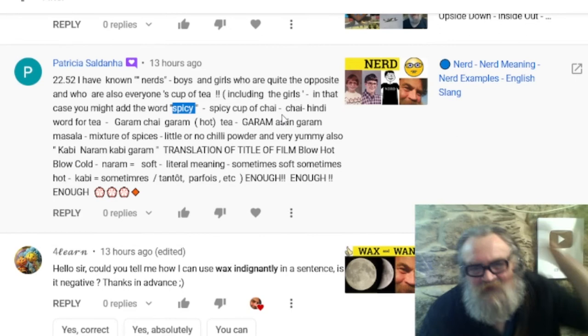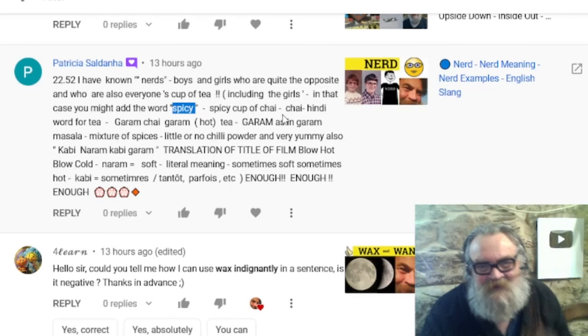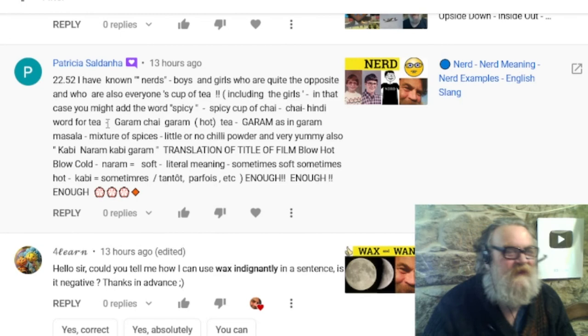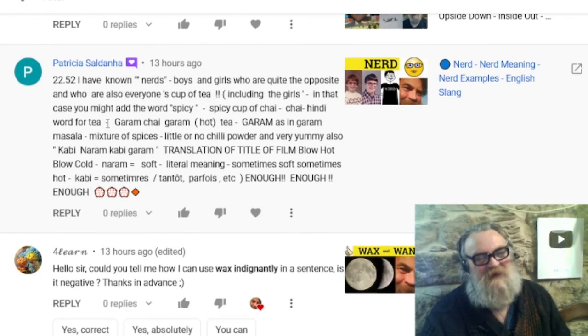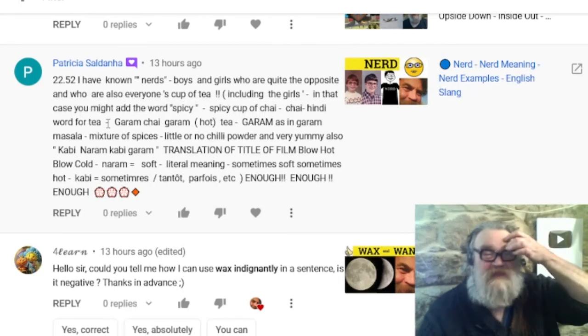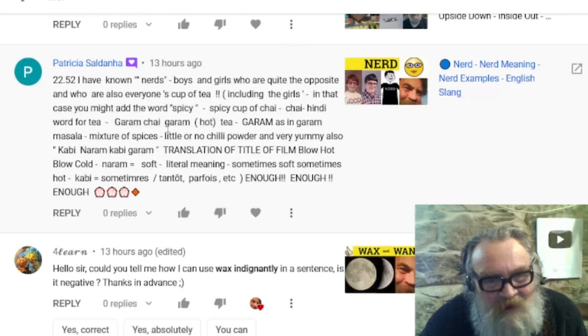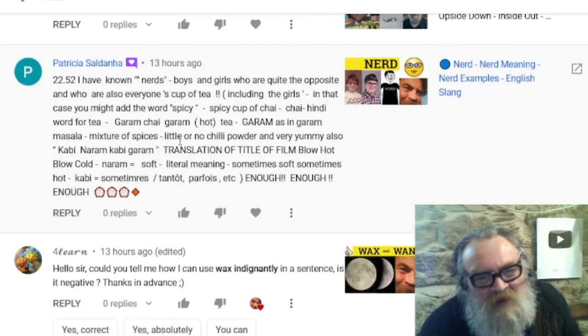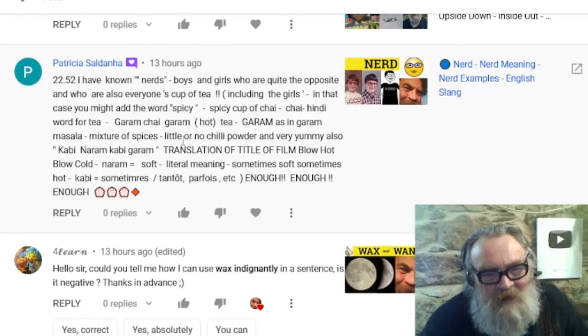Spicy cup of chai. Chai, very tasty. Chai, Hindi word for tea. Well, chai's a lot more than tea. Yeah, the British just drink tea, but chai, it's got all sorts of lovely spices in it. Garam chai garam, hot tea. Garam as in garam masala, mixture of spices. Little or no chili powder, and very yummy also.